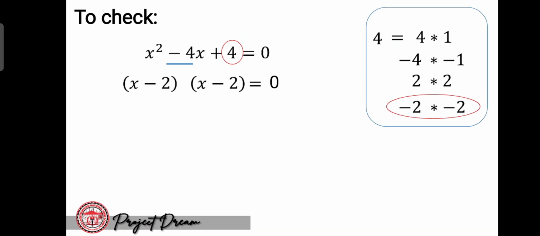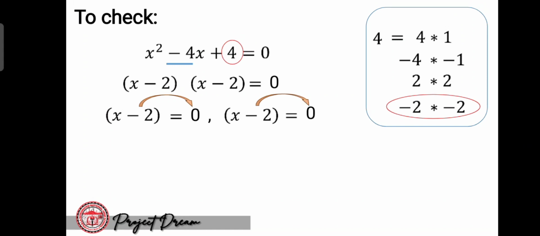Next, we will equate it to 0. So it becomes x minus 2 is equal to 0. So negative 2 transposed to the right side, it becomes x is equal to positive 2.